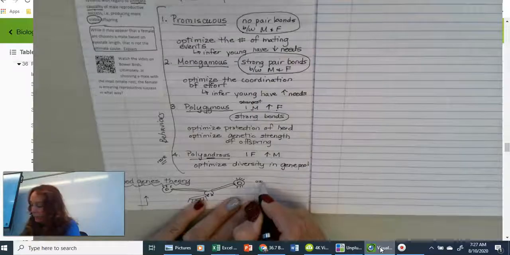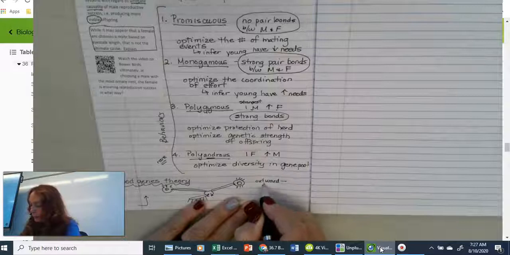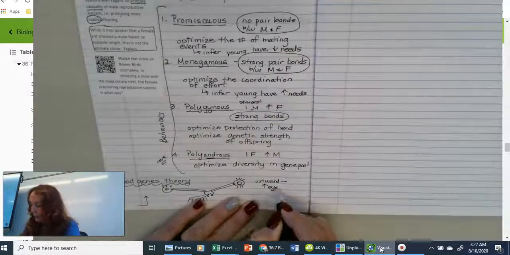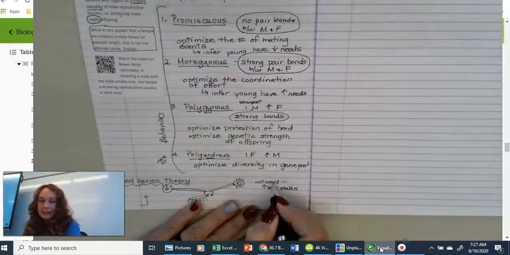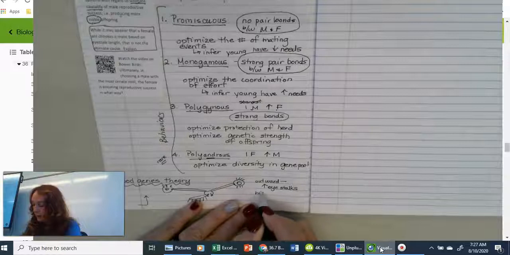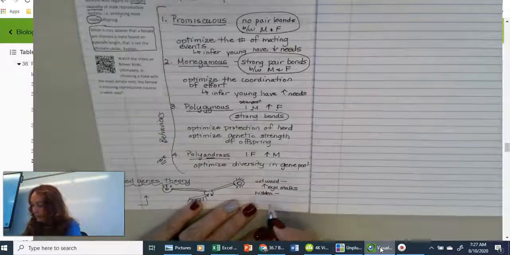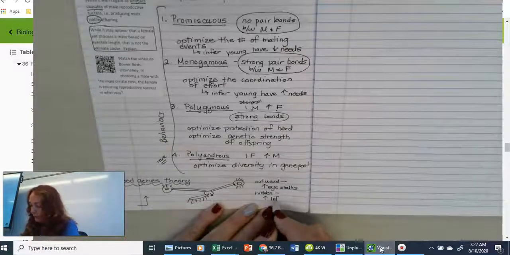So the outward trait would be really long eye stalks. You're selecting for what you can see. But what comes along with that, so this is what's hidden, tends to be they live longer. So they have a longer life.